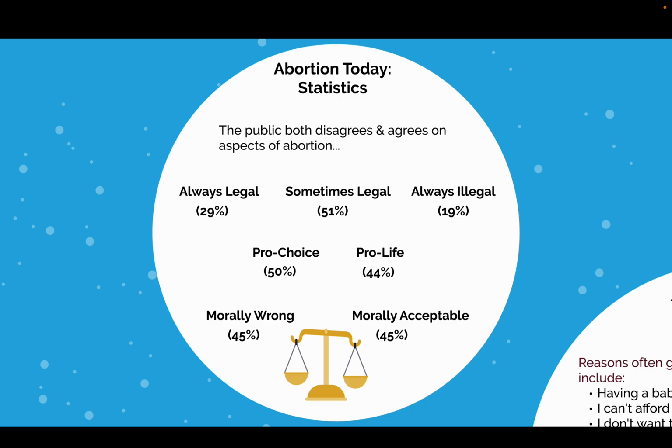Roughly, the United States population is right down the middle with whether or not they were pro-choice or pro-life, with 50% self-identifying as pro-choice and 44% of the survey takers stating that they're pro-life and 6% stating that they did not want to say. And so there's no wonder that this is a contentious issue, right? The US population is very much split.